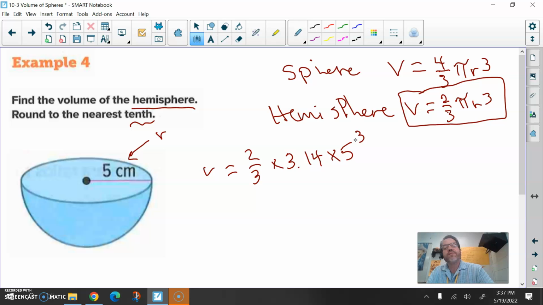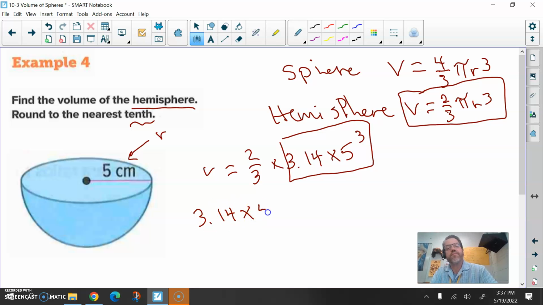Okay? So now grab your calculators. Start here with this part right here. Take 3.14 times 5. Then you want to enter that up cursor, which is again right above the x squared button, and then 3. 3.14 times 5 to the third power.